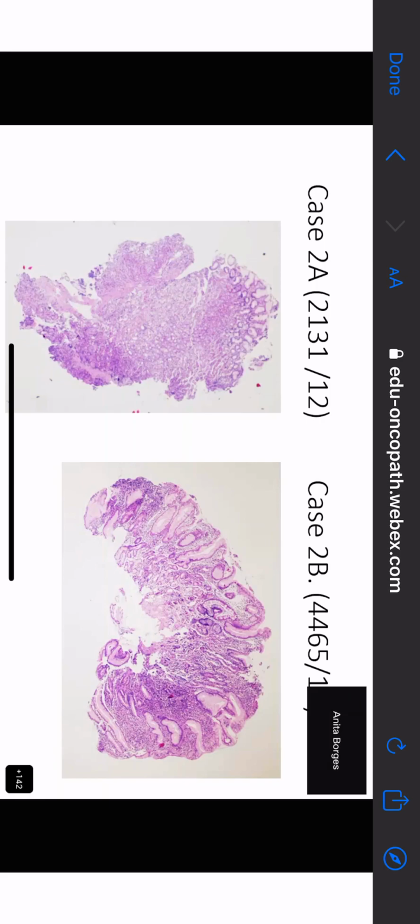This is a normal mucosa, ma'am. Normal gastric mucosa, okay. Do you see the underlying muscularis mucosae here? No, ma'am. Anybody sees the muscularis mucosae? Yes, ma'am, I can see. Can you annotate, please?